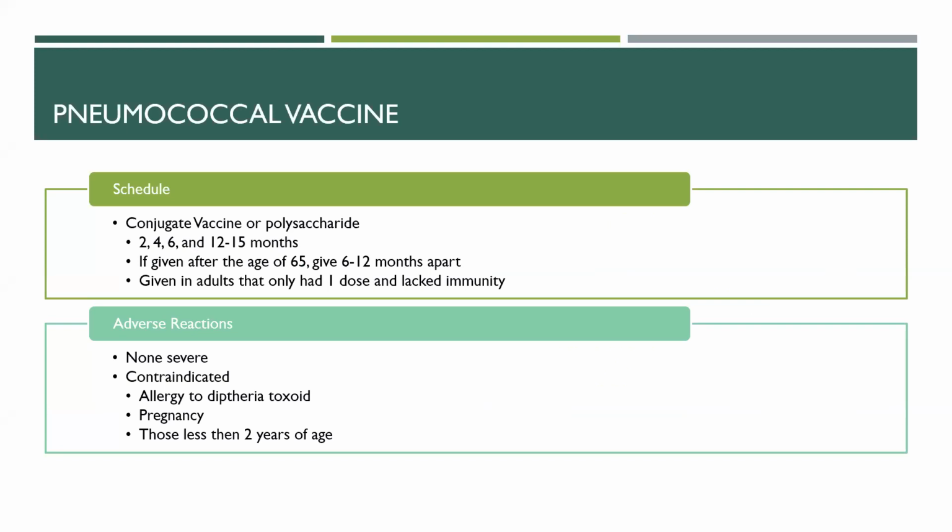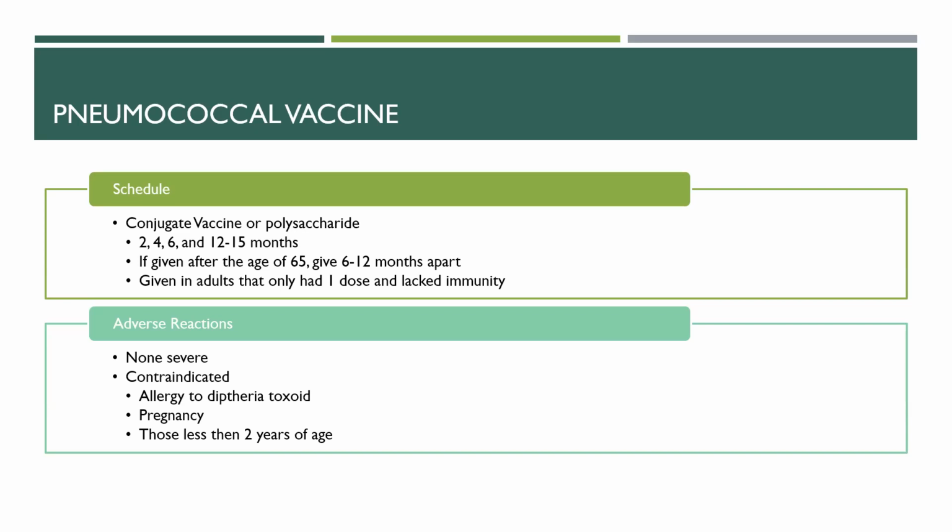And we have our pneumococcal vaccine. This can either be a conjugate vaccine or a polysaccharide. It can be given at 2, 4, and 6 months, as well as between 12 and 15 months. If we do give it over the age of 65, we would give doses that are 6 to 12 months apart.